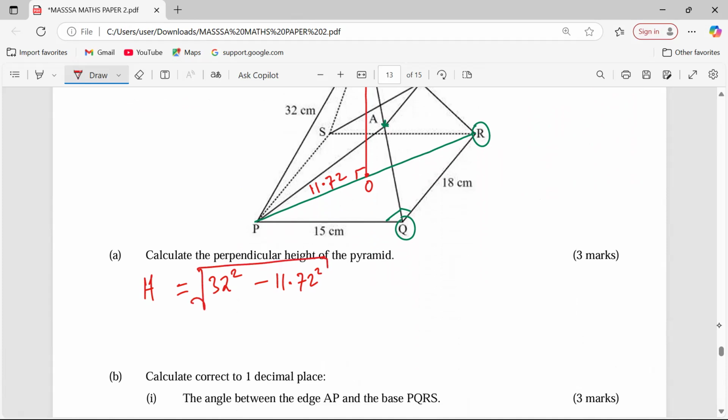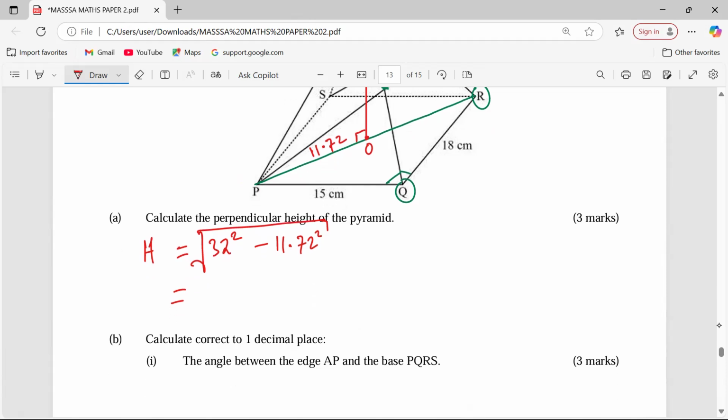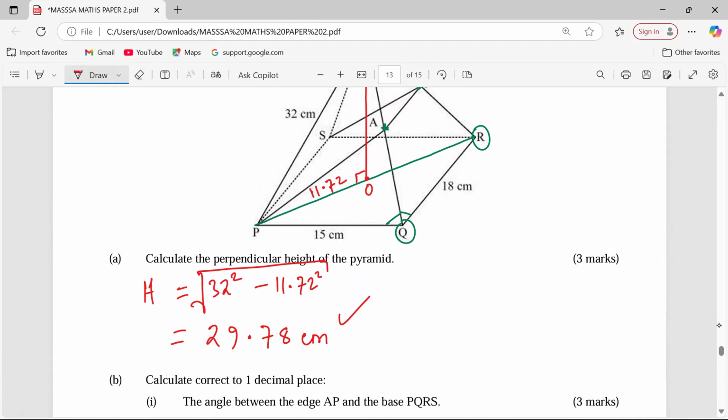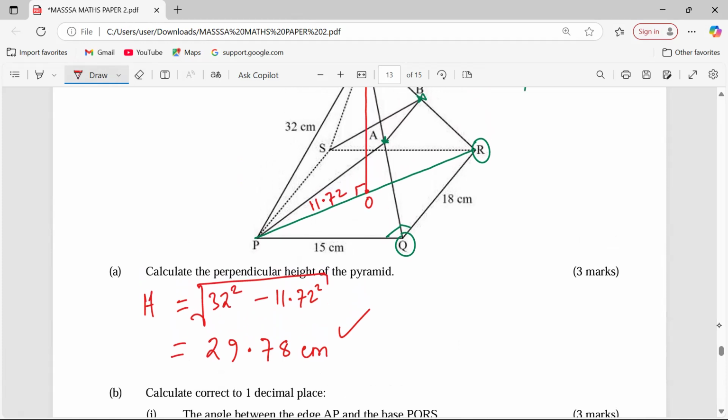We take the square root now. This is giving me 29.78 centimeters. So we have our vertical height, rather the perpendicular height for this particular solid.